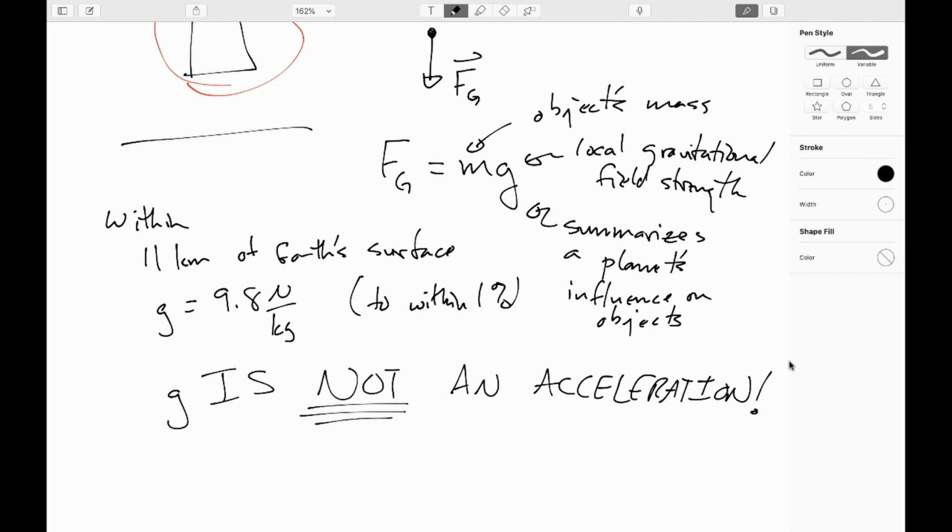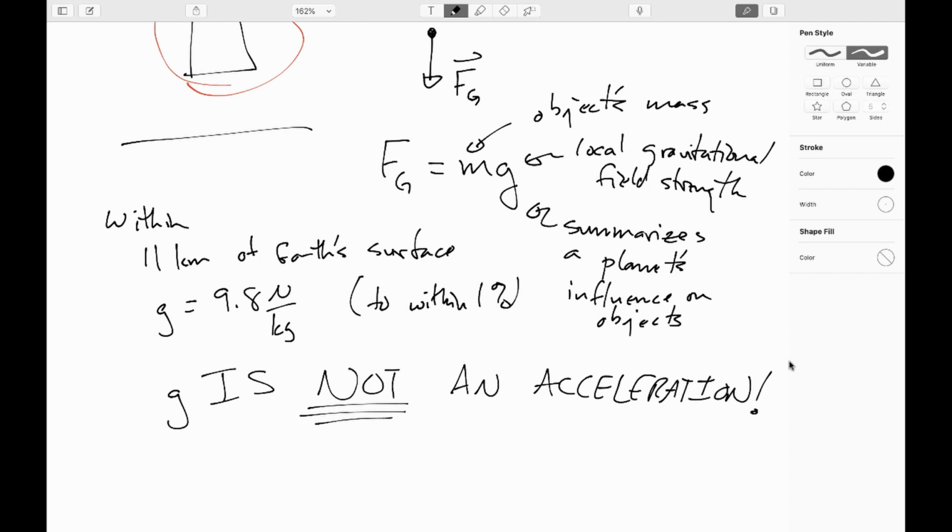But there's sort of a handy way to remember whether this 9.8 number is good or not. Since this 9.8 number is good to within 1% if you're within 11 kilometers of the Earth's surface, that turns out to be pretty much the altitude where either a person or a machine can breathe air. So basically the extreme heights of what supersonic aircraft can fly at.